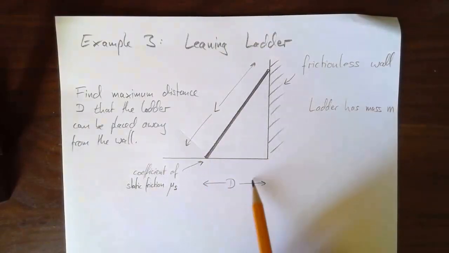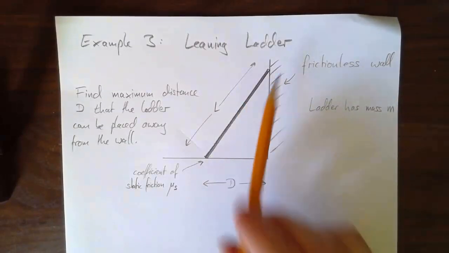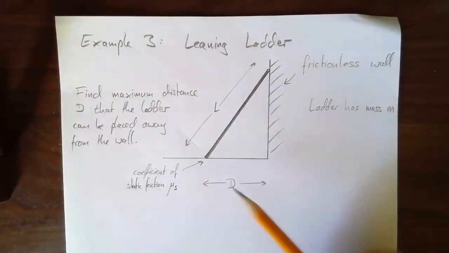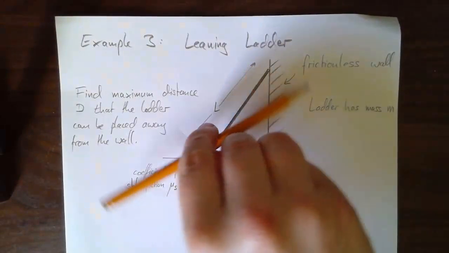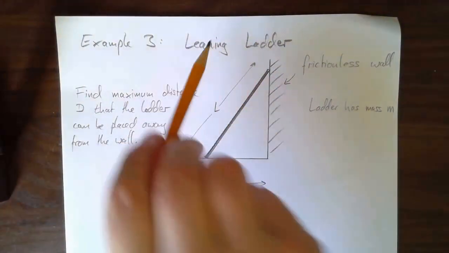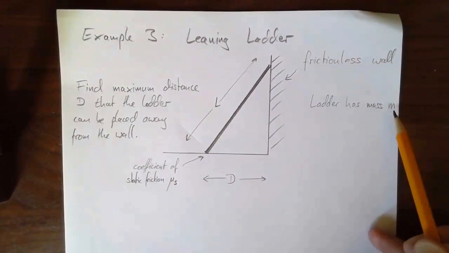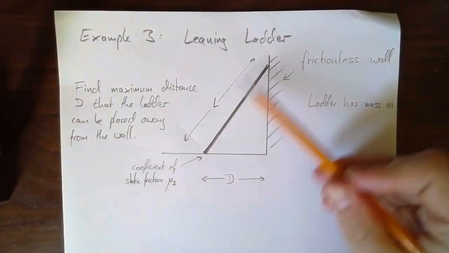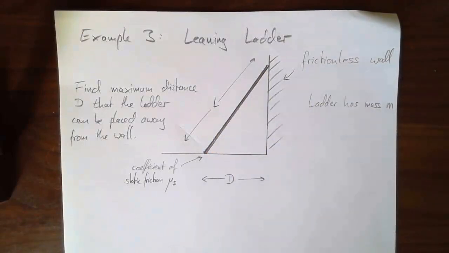So my goal is to find the maximum value of d that allows for the ladder to remain in static equilibrium. Not start moving, not start falling, not start rotating this way as it's moving sideways. I'm going to assume the ladder has a mass m. I'm going to work entirely symbolically in this problem. It has a length L.